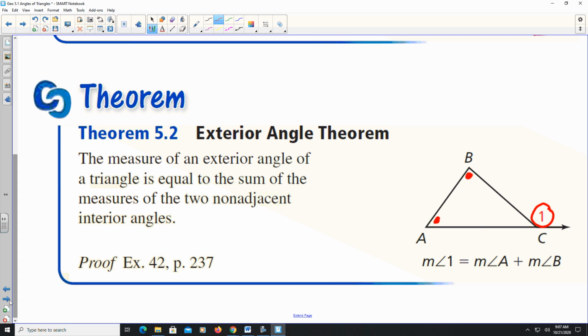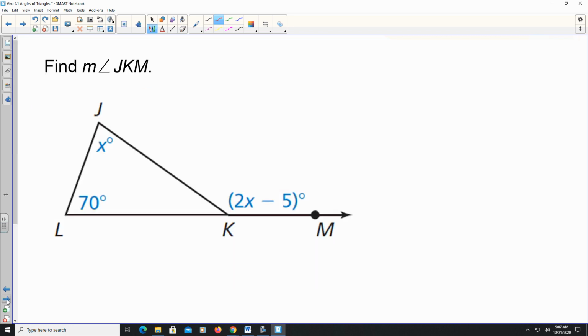So to use that, we have an example with an exterior angle here. We have an exterior angle of 2x minus 5. We have two non-adjacent interior angles in this, and it says 70, and it has x. So the question is, they want us to find angle JKM. They're actually wanting us to find this angle here.